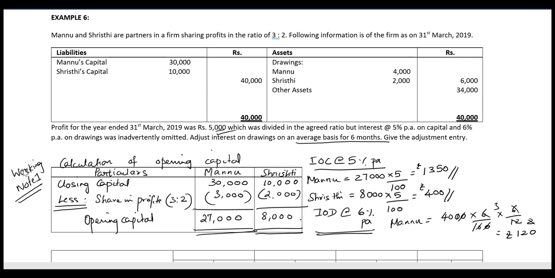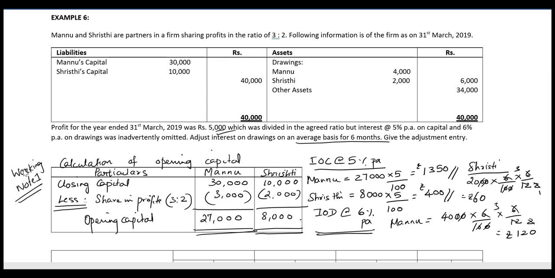and for Shrishti, drawings of Shrishti rupees 2000 into the rate by 100 for an average period of 6 months, which is equal to rupees 60.